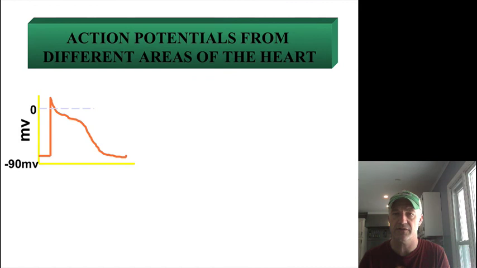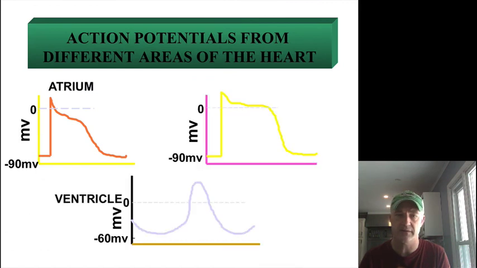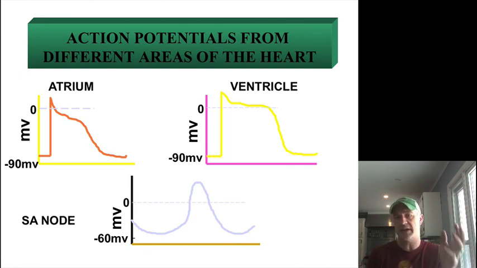And if you were to look at different action potentials in different areas of the heart, you can see each of these is a little bit different depending on the area that you're looking at. When we get into EKGs or ECGs, depending on which way you want to use the letters, they both mean the same thing. You can look at each of these areas here, and you can see a longer plateau on the ventricle versus the atrium.